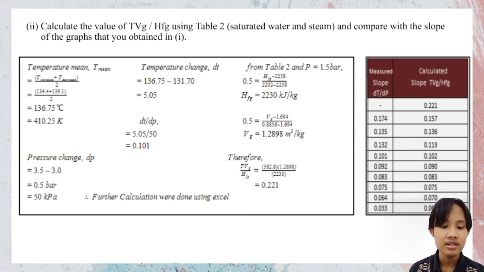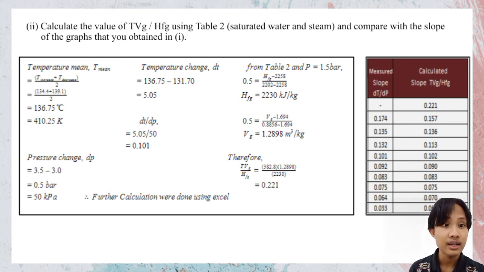Then for the pressure change dP, we use 3.5 bar minus 3.0 bar, we get 0.5 bar, which is equivalent to 50 kilopascal. Therefore, dT over dP is equal to 5.05 divided by 50. We obtain 0.101.